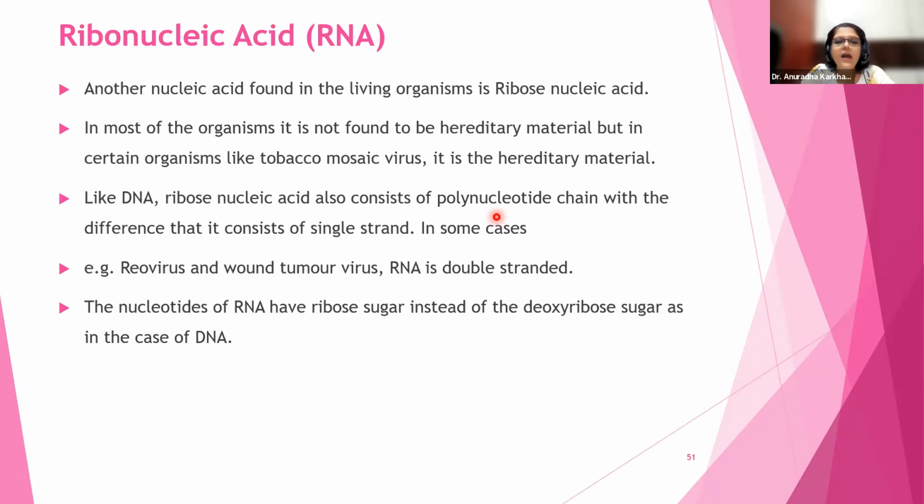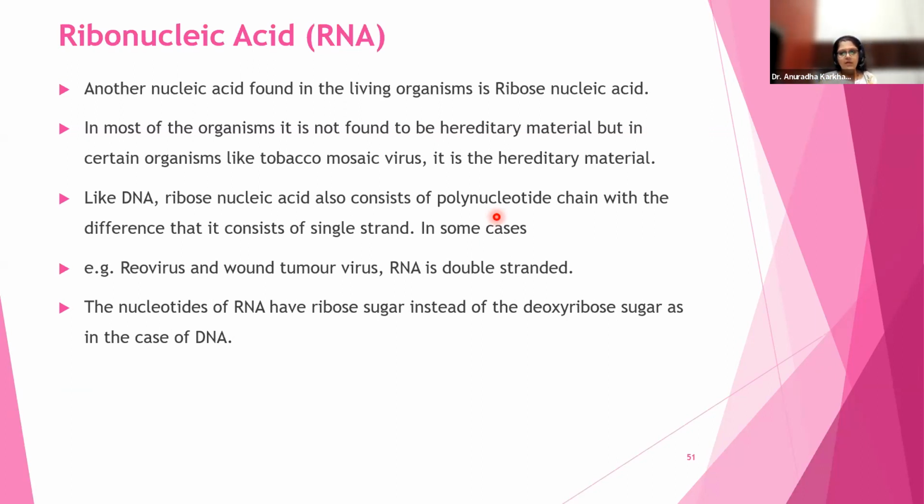Another nucleic acid found in living organisms is the ribonucleic acid. In most organisms, it is not found to be hereditary material. RNA is a nucleic acid, no doubt, but it is not the hereditary material in the majority of cells, though in certain organisms like tobacco mosaic virus, it is.